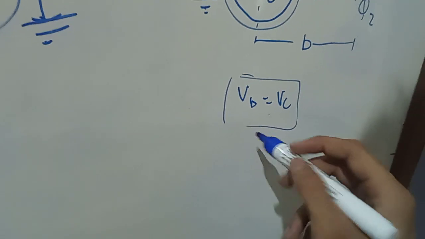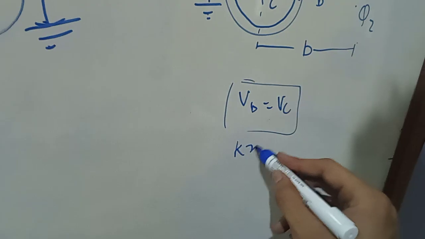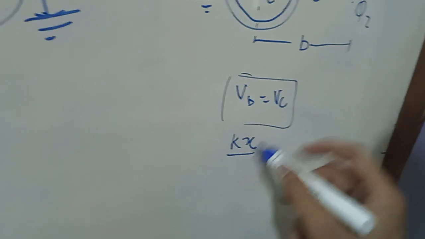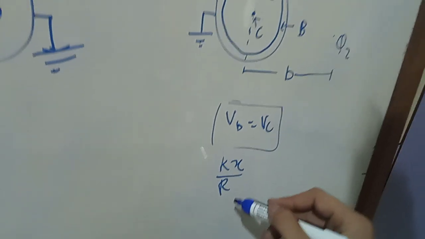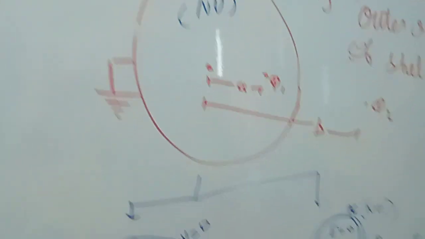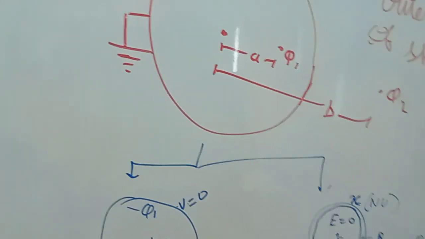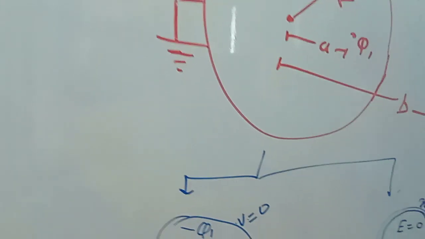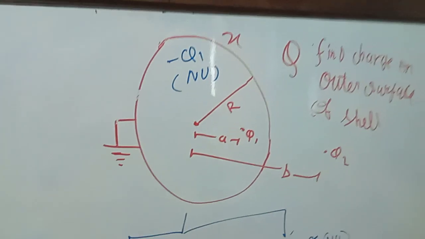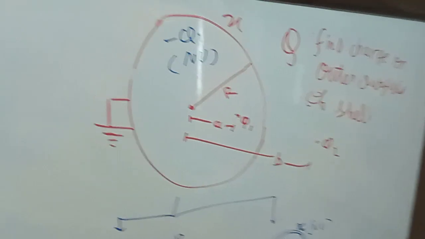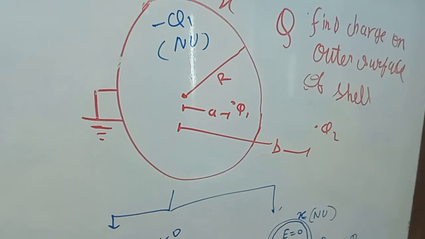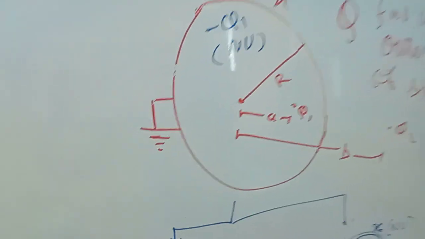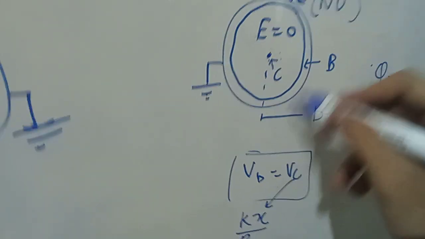So V at C is going to be, due to x, kx by r. Oh, here I didn't mention r in the question, my bad. I will mention it now. R. Alright, that's the question. Now at C we are finding this due to the shell.